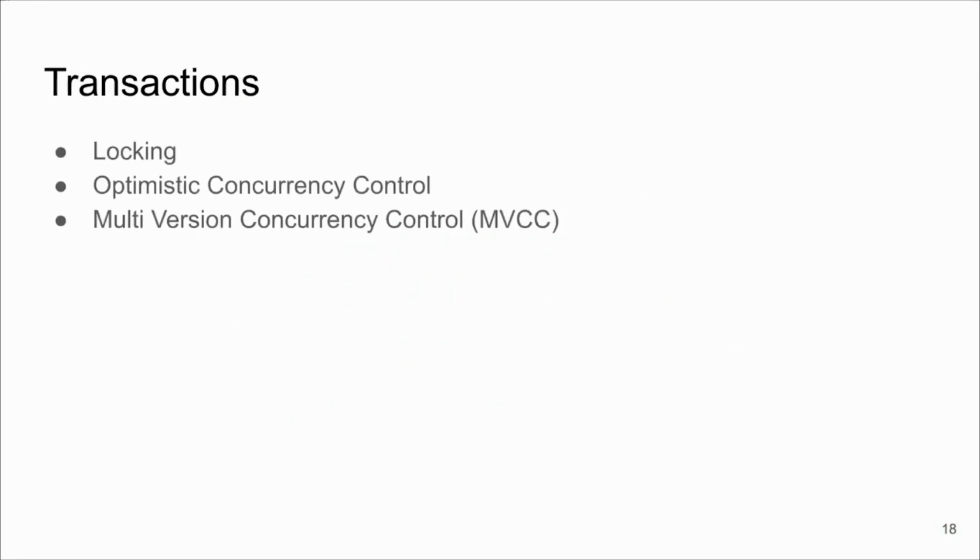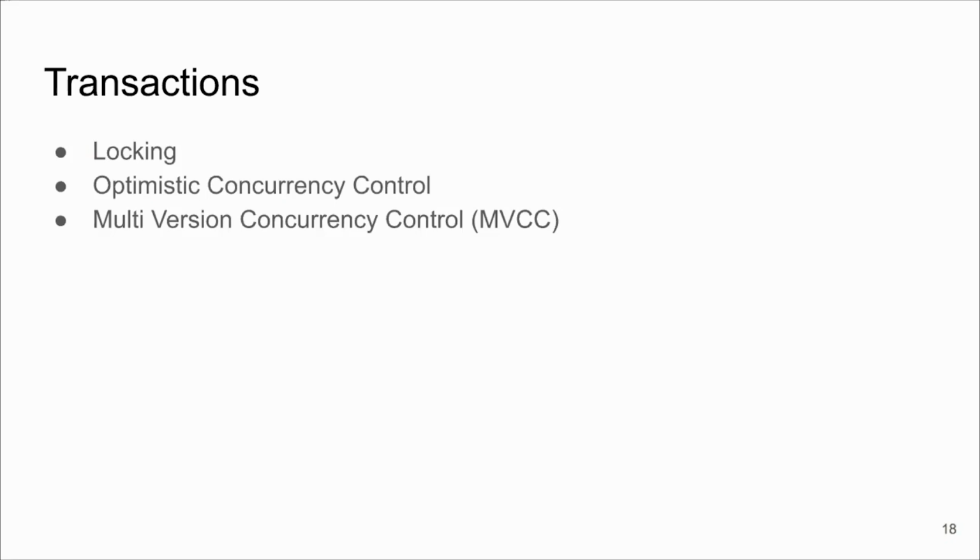Okay, if you want to do transactions and maintain a certain level of isolation, there are a couple of ways to do that. One is locking. Locking is like when you access data, you need to acquire a lock. But if you do that, a lot of schedules are not allowed. The second one is optimistic concurrency control, which means that you create a copy of all the data you want to modify and make changes in the copy.